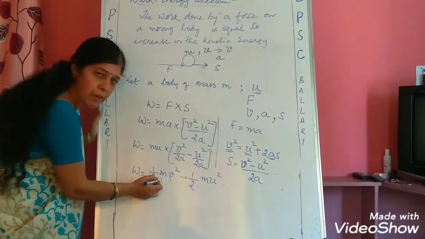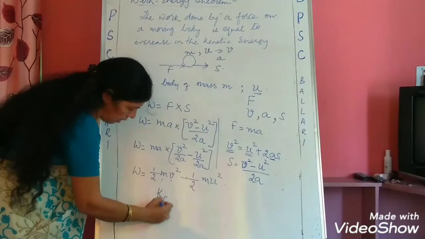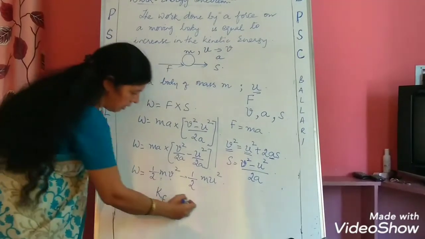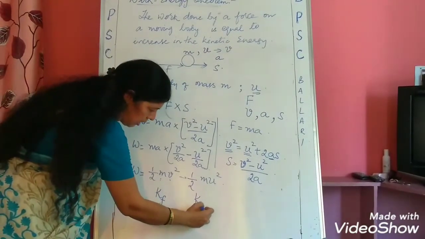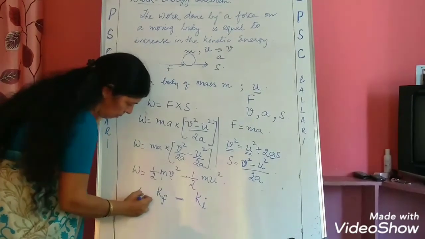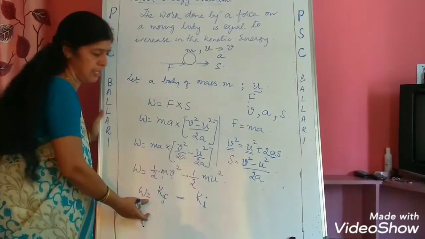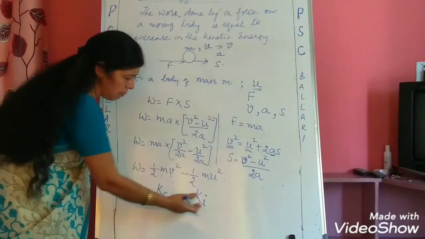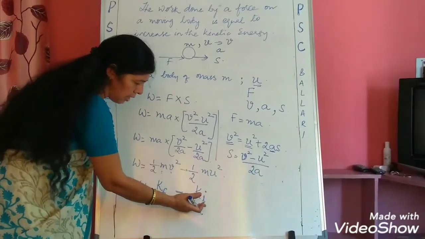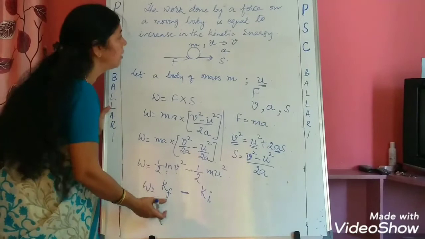This is the expression for kinetic energy, so I can write it as final kinetic energy, and this is initial kinetic energy. So W will be equal to the difference in the kinetic energies, final kinetic energy minus initial kinetic energy. This is the expression for the work energy theorem.